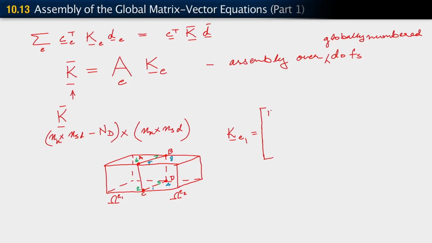So we know that this is going to be KE1, the 1,1 block, up to KE1, the 1,8 block, because of course we're working with bilinears here to fix ideas. So we'd have KE1, 8,8, and down here we would have KE1, 8,1.